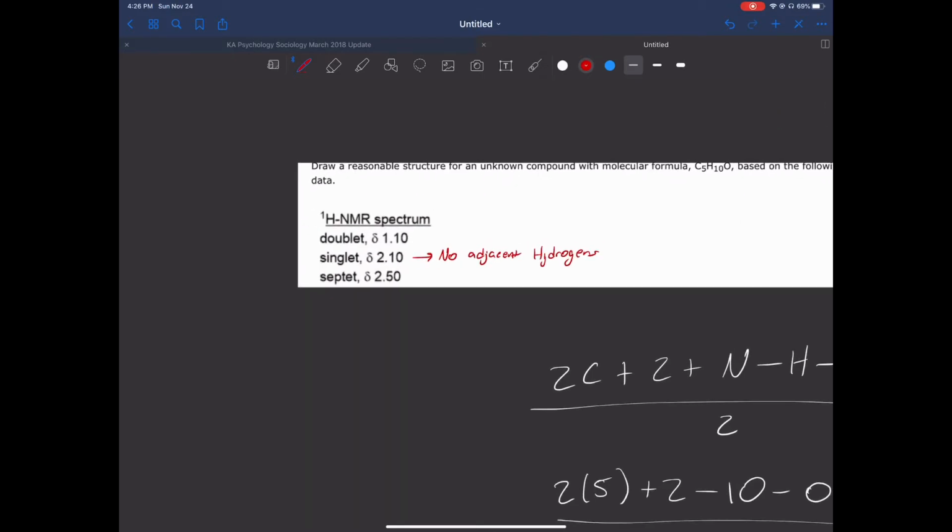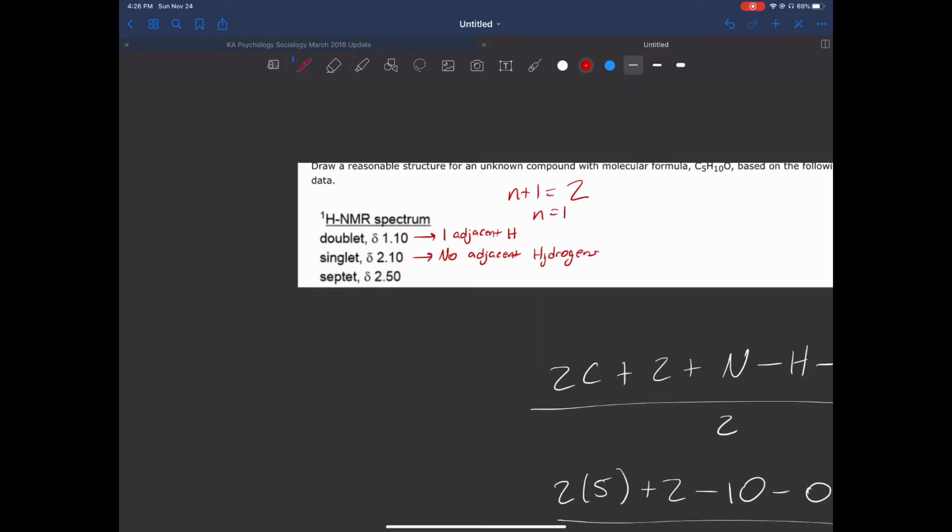Now, how about the doublet? Let's look at the doublet. Remember that n plus 1 equals doublet, which is 2, subtract 1, n equals 1. So whatever the hydrogens we're looking at that's giving us our doublet, the hydrogen we're focusing on has 1 hydrogen that's next to it. Let's be careful. 1 adjacent hydrogen. Okay?